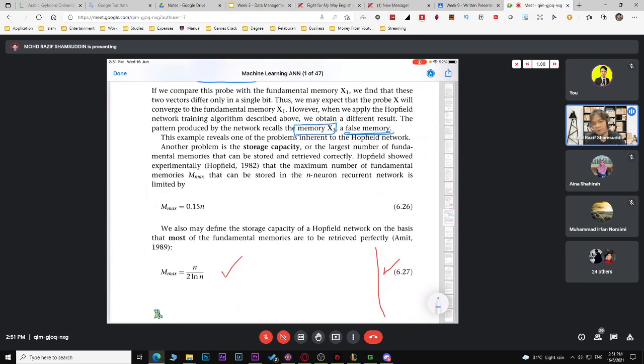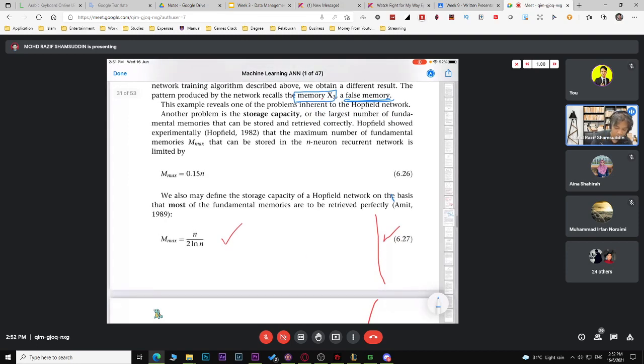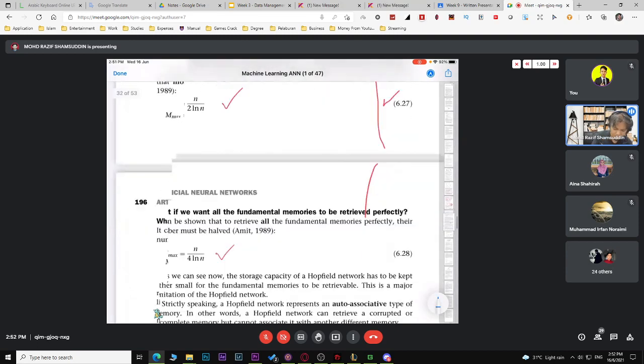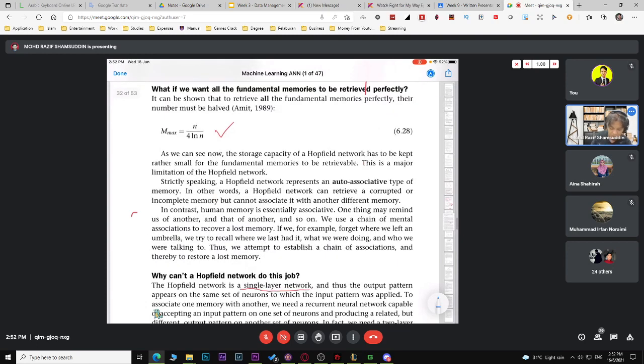So apa masalahnya? What's the problem of the Hopfield network? So the Hopfield network has storage capacity problem because the storage capacity is limited. Kenapa limited? Why does the memory of the Hopfield network is limited?